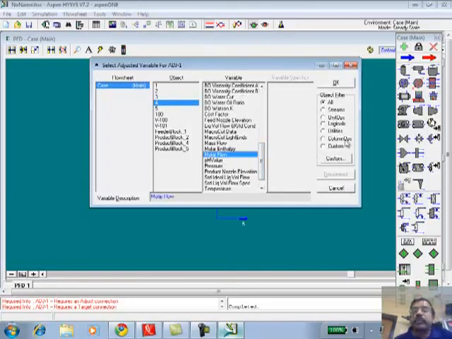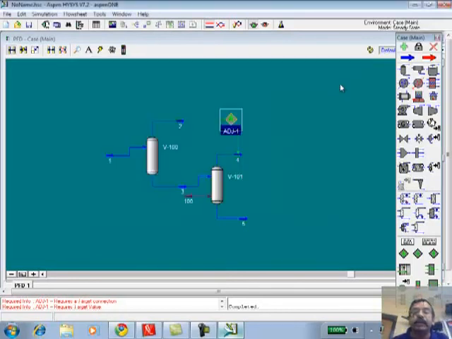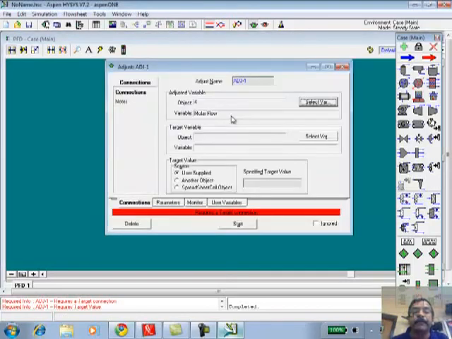And I want to specify the molar flow, but it's not giving me a value where I can put that. Let's say okay. So object for adjusted variable, molar flow rate. So we identified which stream and what property we want to control.